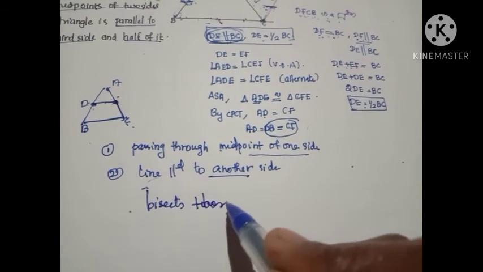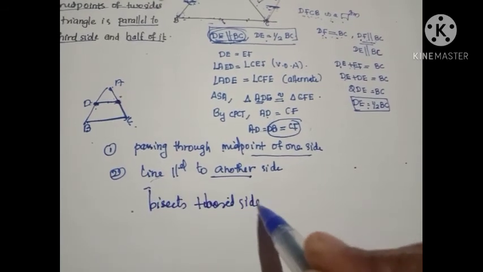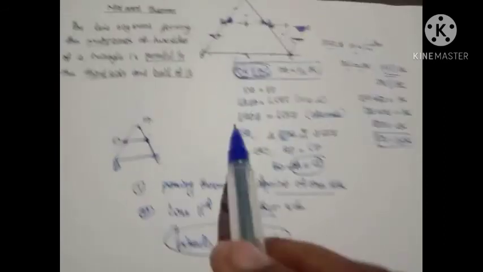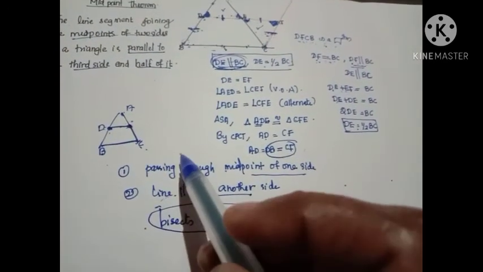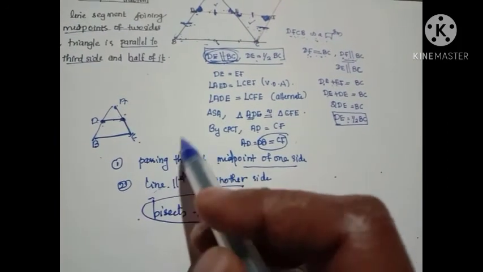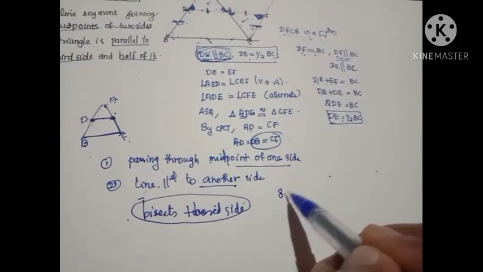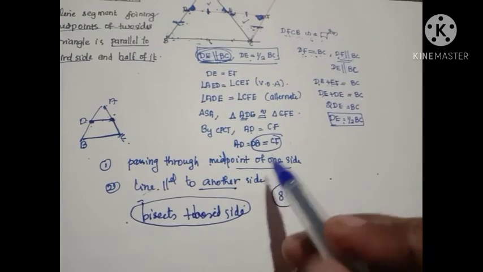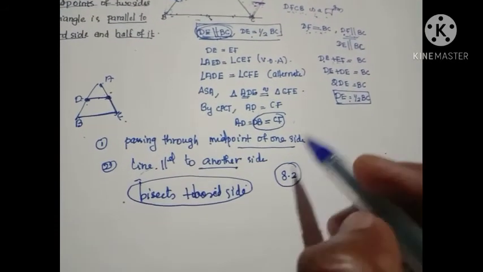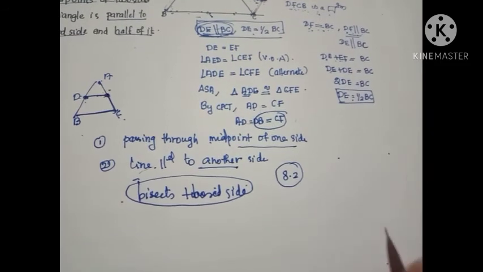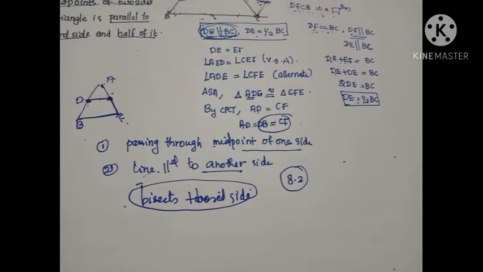That's our converse. So the midpoint theorem as well as its converse, both are important theorems. Now see exercise 8.2. All the questions are based on this midpoint theorem and the converse of this midpoint theorem.